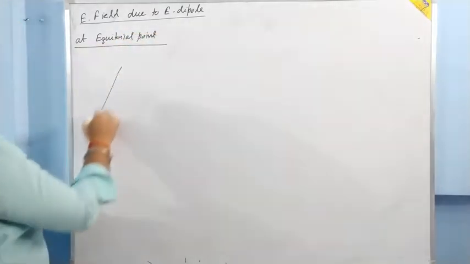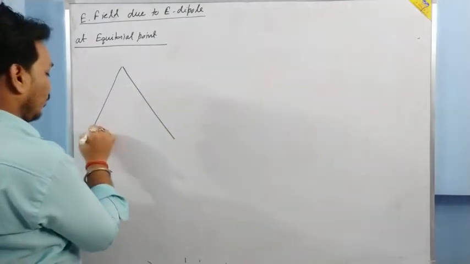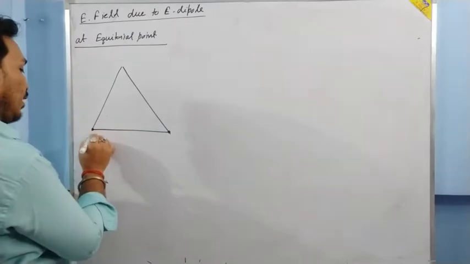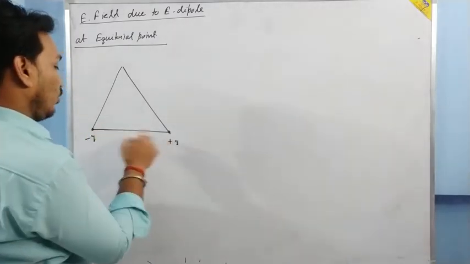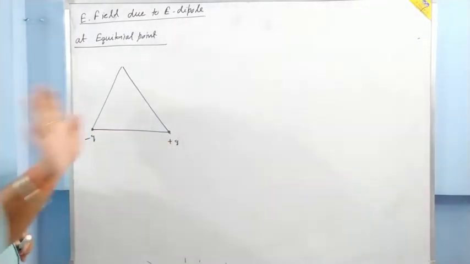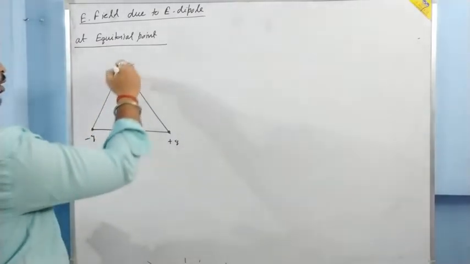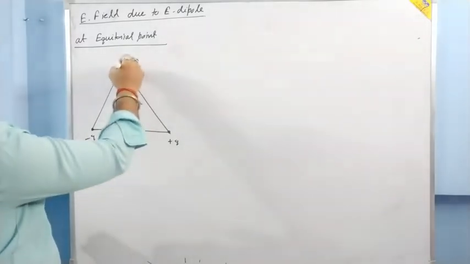What are equatorial points? The points which lie on the perpendicular bisector plane, like suppose this is your minus q, this is your plus q. The perpendicular bisector of the axis, this very plane is called equatorial plane. All the points on that plane are equatorial points.